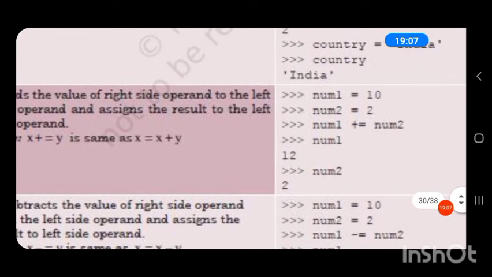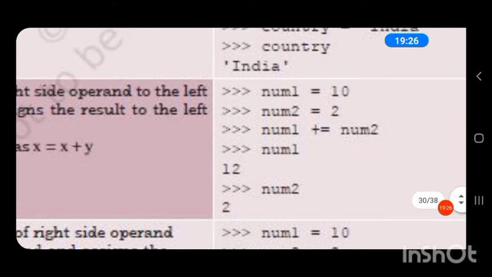So if we have num1 equal to 10 and num2 equal to 2, we can write num1 plus equal to num2. That means num1 equal to num1 plus num2. So what will it do? It will add the values.